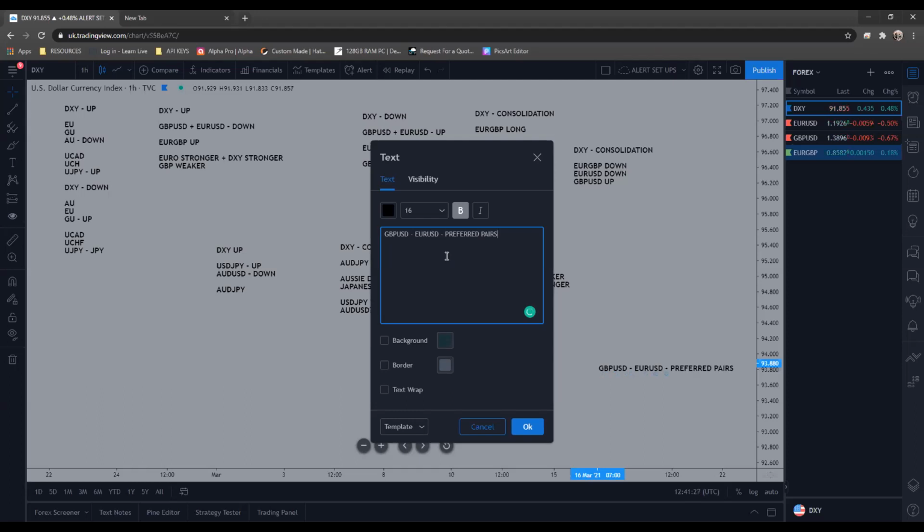I look at the dollar index and I can see that it's looking to target equal lows, okay? So if it's targeting equal lows, what's happening to dollar index? Is it going up or down? Down, okay, perfect, right? So what should happen with GU and EU theoretically?